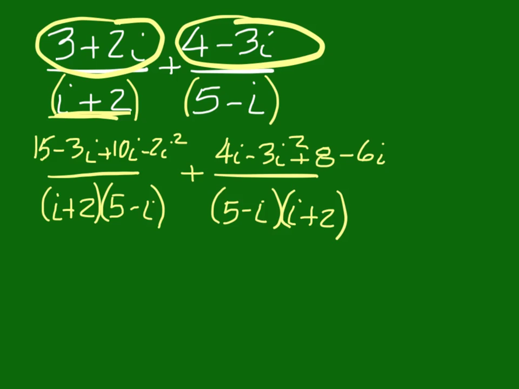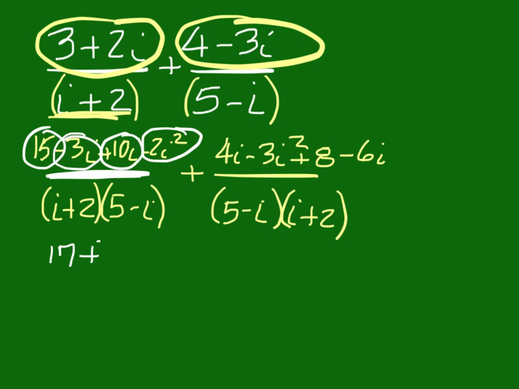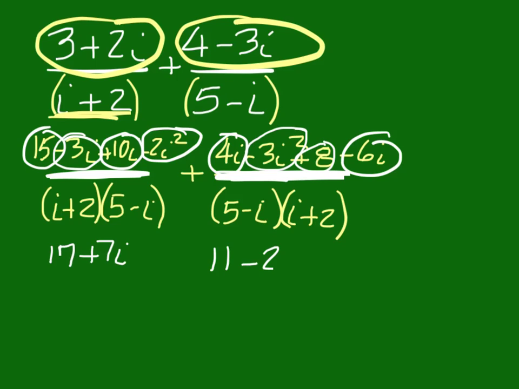So over here on this side, we're going to have a plus 2 and a 15 is 17. And then minus 3i plus 10i is plus 7i. On this side, we will have a plus 3 and an 8, which is 11. 4i minus 6i is minus 2i.